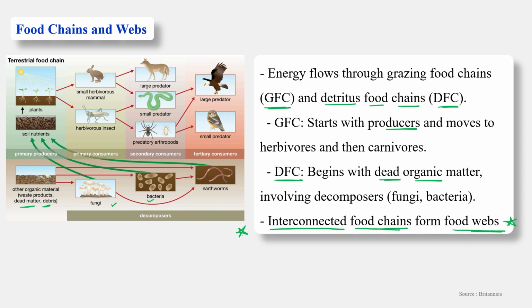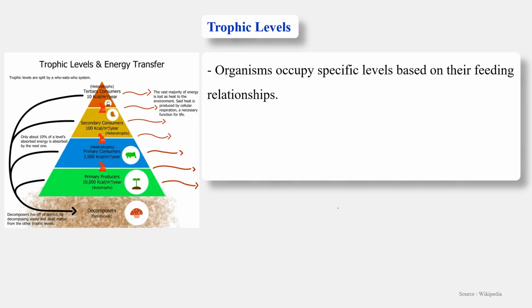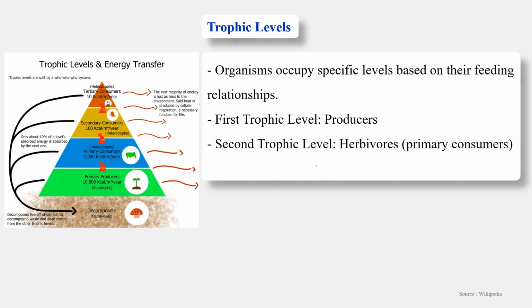Okay. Now, trophic level. Organisms occupy specific levels based on their feeding relationship. First trophic level, producer. This is the first trophic level, in which all kinds of producers, meaning plants, are there.